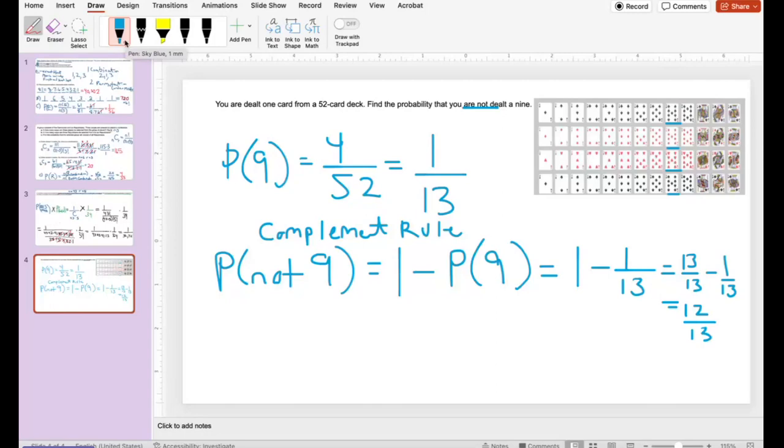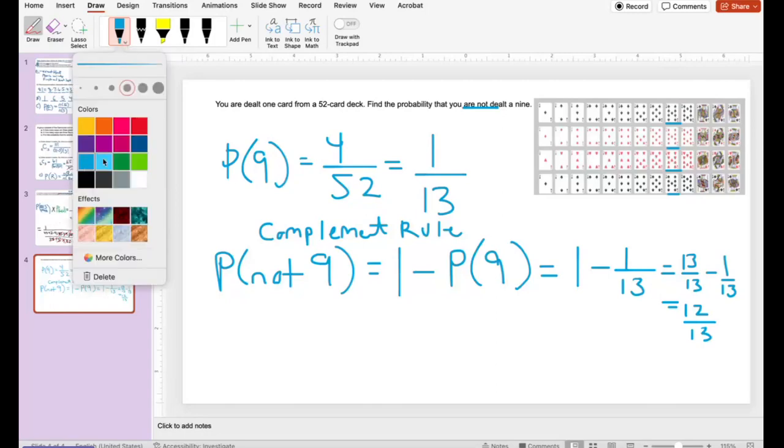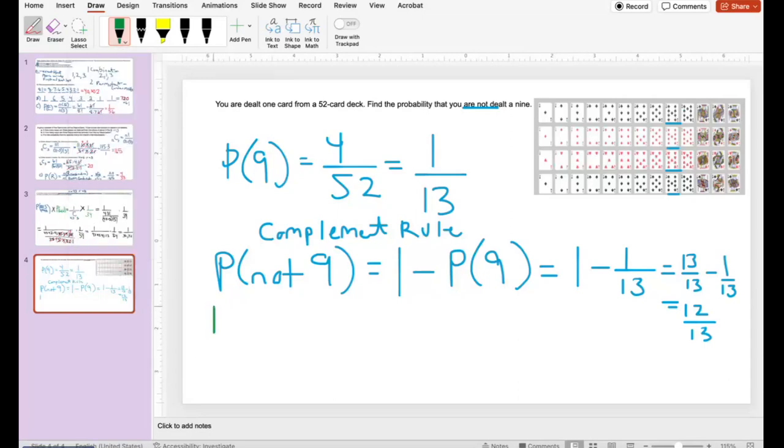But the other way to think about that, you can use a formula, but a formula just gets you so far, like you don't understand it all the way. So the reason we're subtracting is because these all together, what do the probabilities add up to? What does probability always add up to?